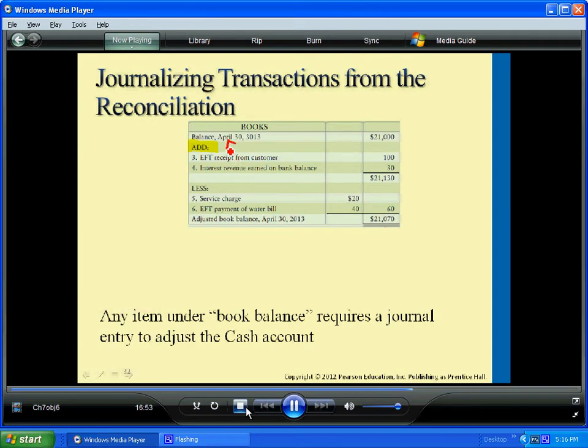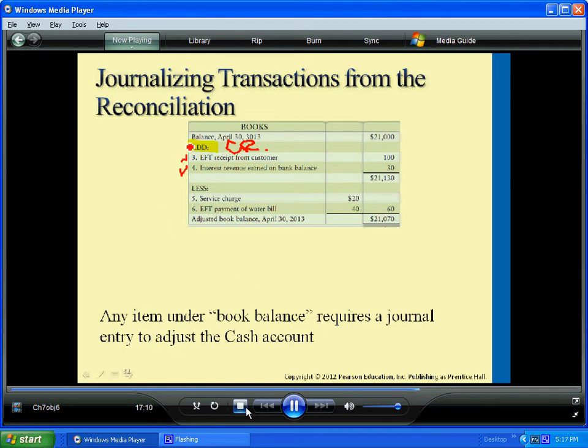So if I'm crediting item 3 and item 4, what am I going to debit? I'm going to debit cash for $130. And what am I going to credit?